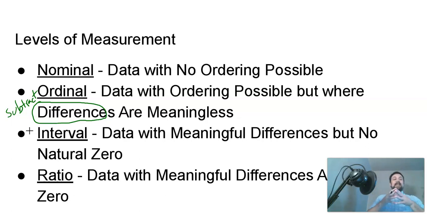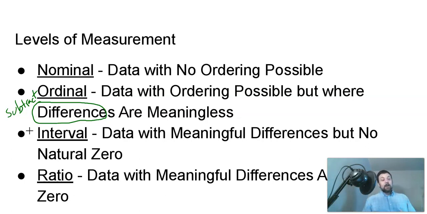Interval is data with meaningful differences. So this is data that can be ordered. So there's a hierarchy here. It's data that can be ordered with meaningful differences, but no natural zero, where the zero in that data set is kind of arbitrary or can be defined wherever you want to put it.